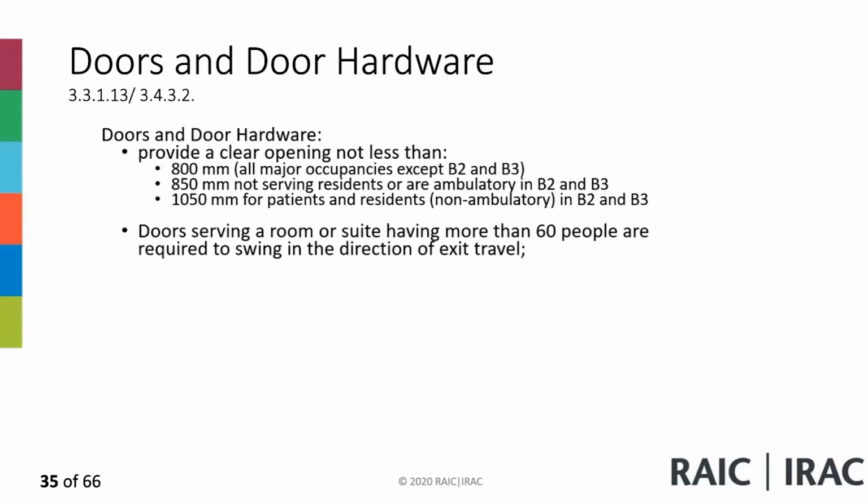Sorry, I had a quick question back on exits through lobbies in the comments. Go ahead. I was basically asking if two separate exits serving two separate floor areas can both exit through the same lobby. No, no, because it says not more than one exit from a floor area. So as long as it's one exit from one floor area and one exit from a different floor area, are those considered separate?